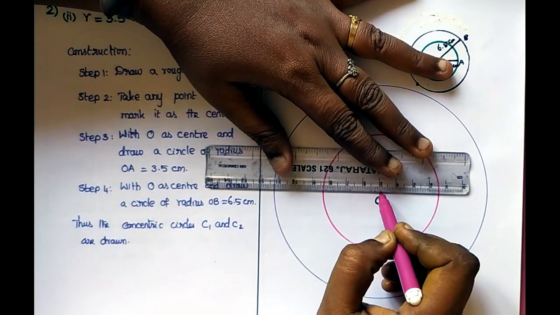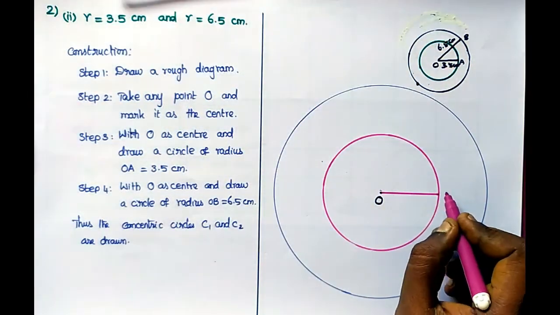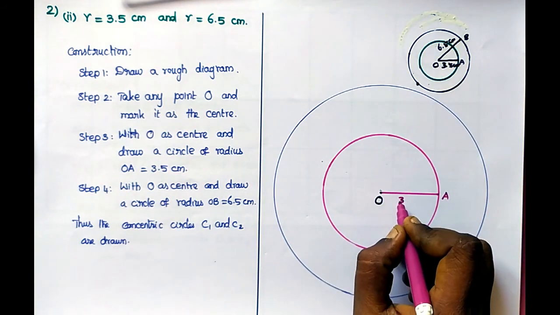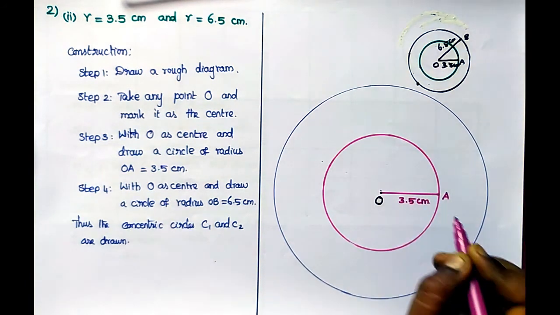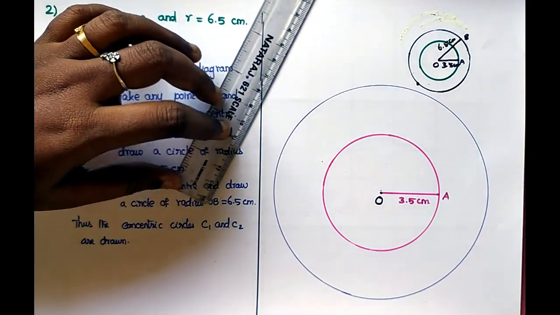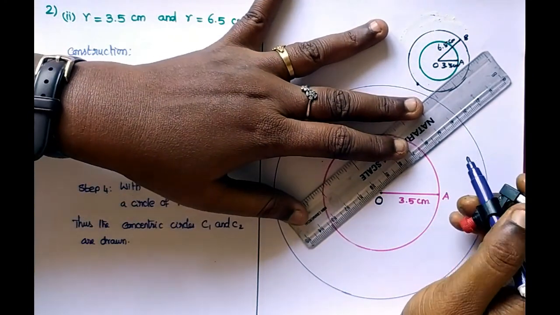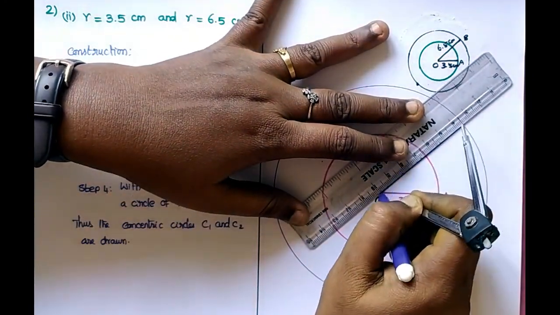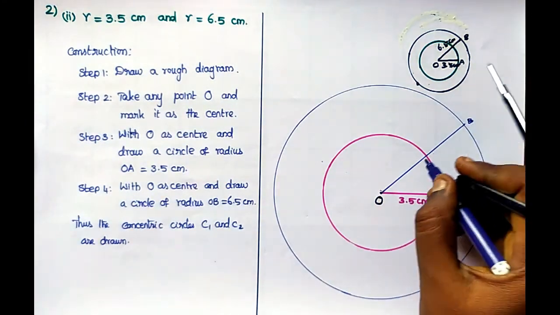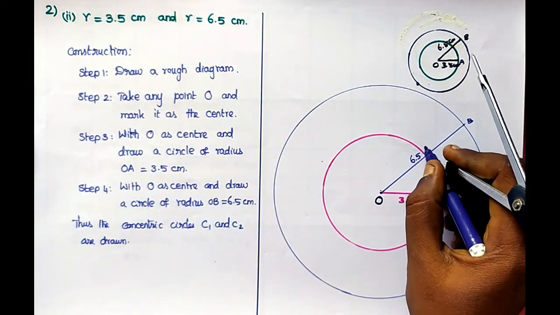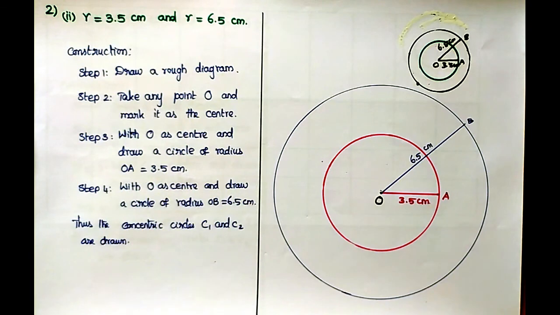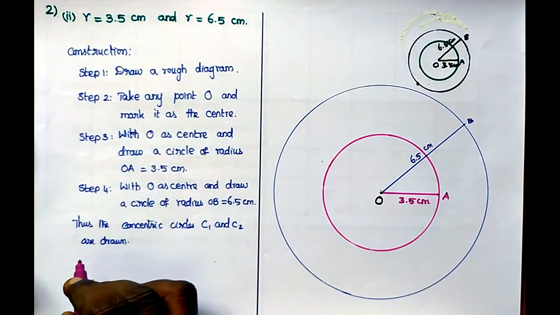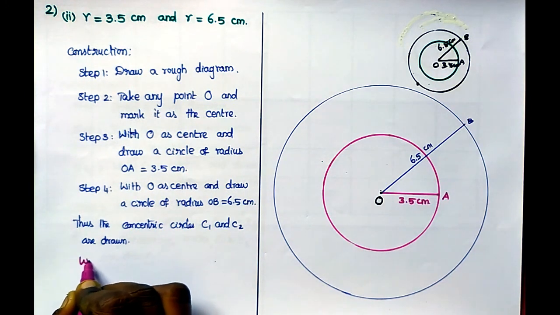Now that is the radius OA equal to 3.5 centimeter, and next one, OB, that is 6.5 centimeter. Now calculate the width of the circular ring.